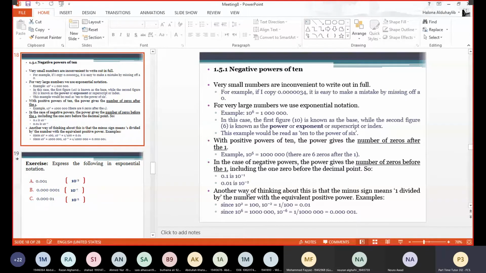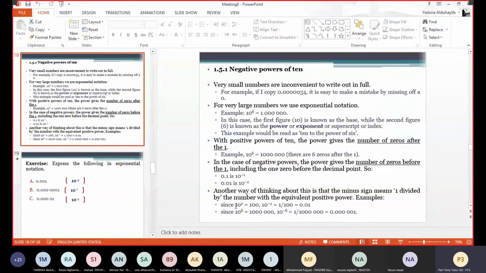As we know, in a fraction we have top and bottom. So if you move the power to the bottom, you are actually transferring the negative power to positive power.